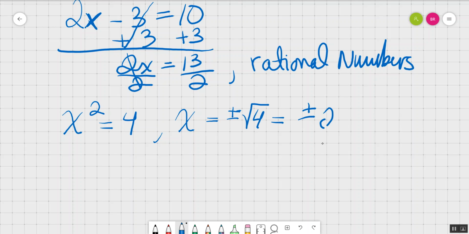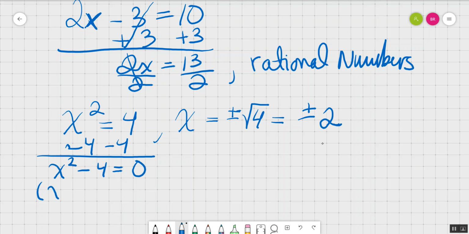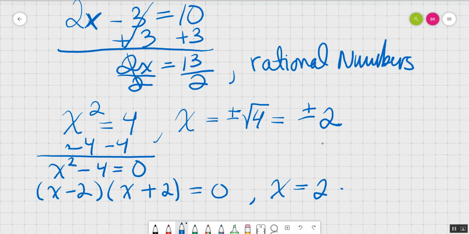It's 2. So I get two solutions off this, plus or minus 2. Now we did have other ways to solve this. We could subtract 4 from both sides and get that x squared minus 4 is 0, and then factor it. And then we'd use the zero factor property to say, hey, x is either 2 or x is negative 2.